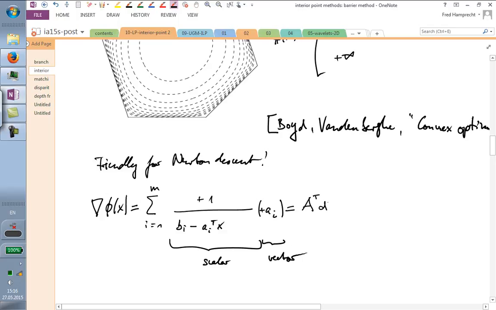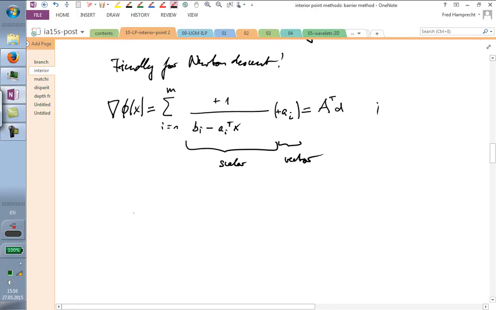And it can be written in this form, where again the matrix A, as before, has A1 transpose, A2 transpose, and so on, up to AM transpose in its rows. And D is a collection of these scalars.